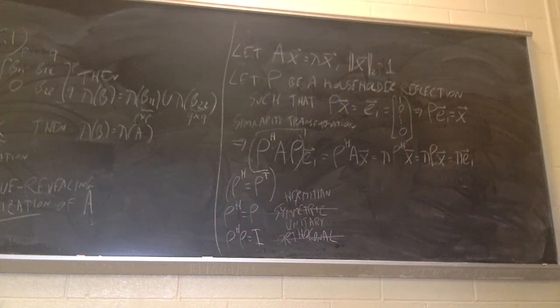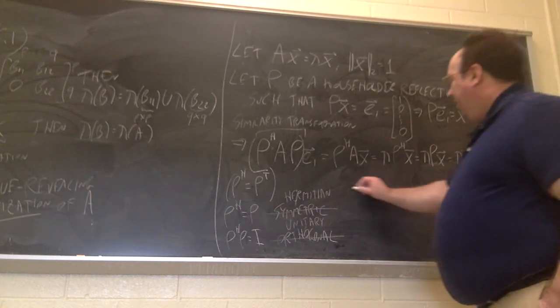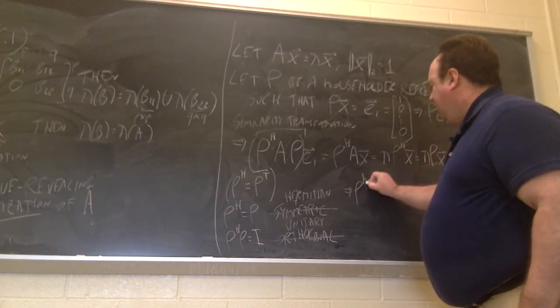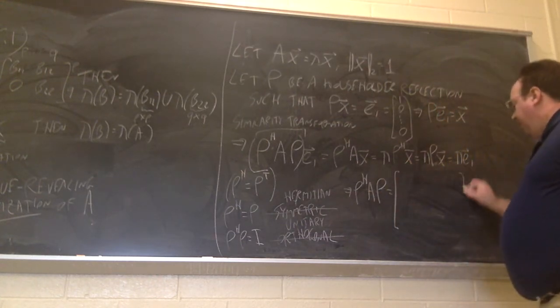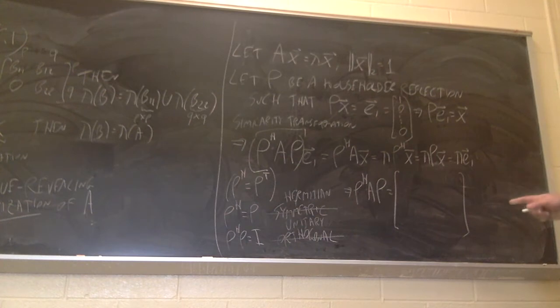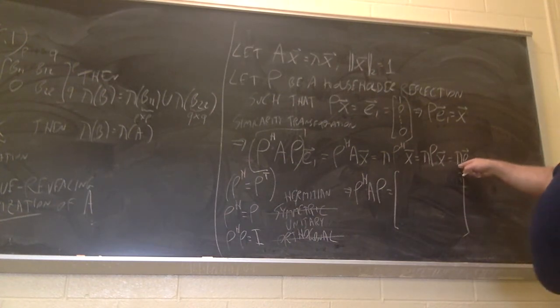So it simplifies all the way down to lambda E1. Now, at this point, this probably means exactly nothing until I write out in full what this means. Because if we look at the full matrix, the first column is lambda times E1.